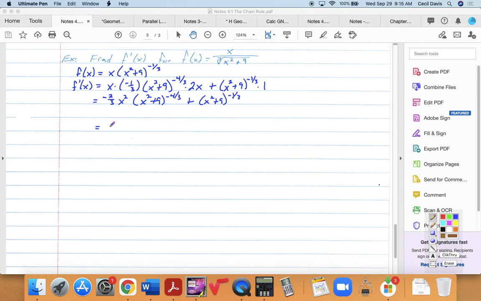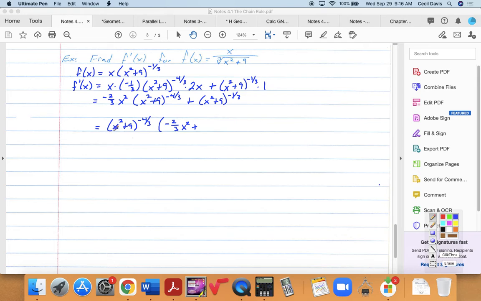So this is going to be x squared plus 9 to the negative 4/3 times, I'll be left with negative 2/3 x squared plus, when I factored this out, negative 1/3 minus negative 4/3.